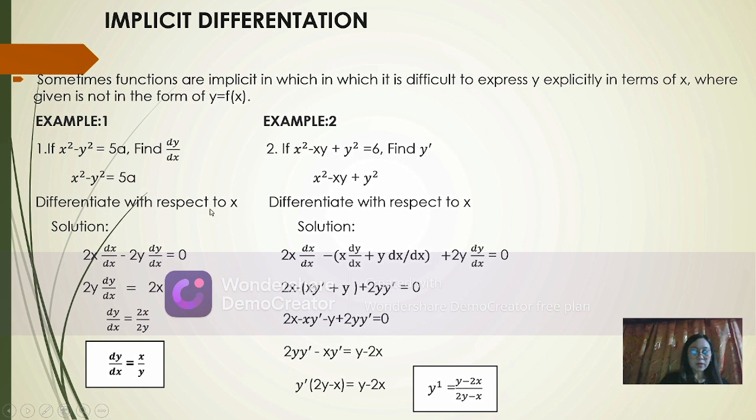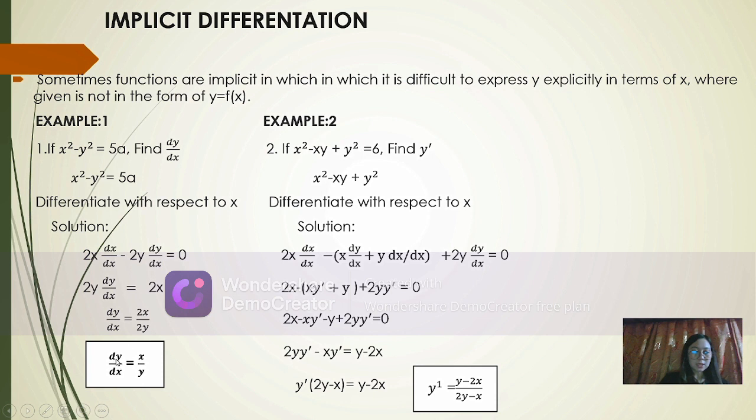Differentiate with respect to x. So, solution. 2x dx over dx minus 2y dy over dx is equal to 0. So 2y dy over dx is equal to 2x. dy over dx is equal to 2x over 2y.